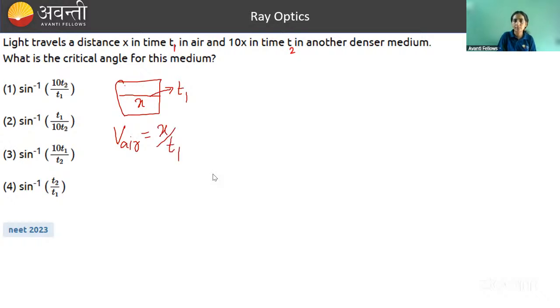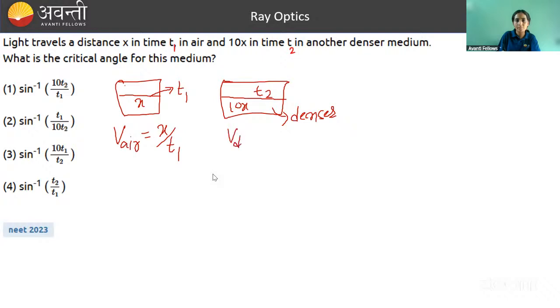And 10x in time t2. So in time t2 in another denser media, this is a denser media, and here it is covering 10x distance in time t2.